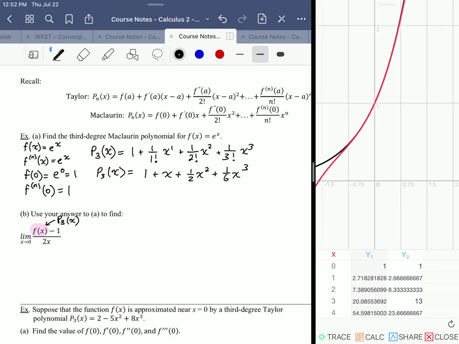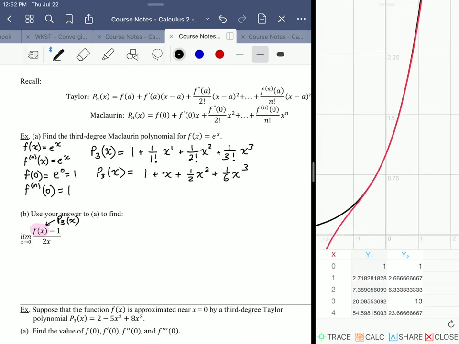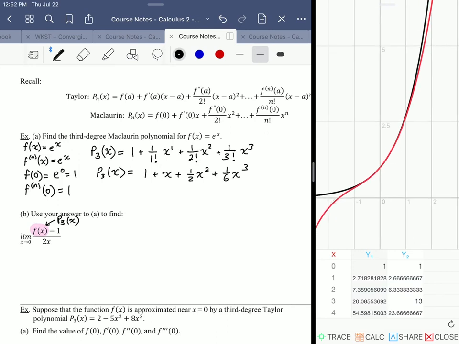Now, since we're approaching 0, we're talking specifically over that interval. As you look, you can see that it's almost indistinguishable. In fact, it is indistinguishable at that location. All right, because if I replace all of my x's with zeros in the polynomial, I get a 1. If I replace the x with 0 in my original, I also get a 1.